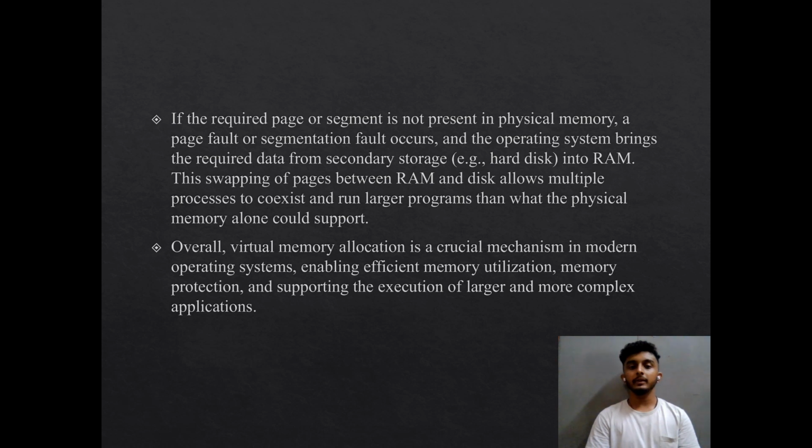If the required page or segment is not present in physical memory, a page fault or segmentation fault occurs, and the operating system brings the required data from secondary storage into RAM. Swapping of pages between RAM and disk allows multiple processes to coexist and run larger programs than what the physical memory alone could support.